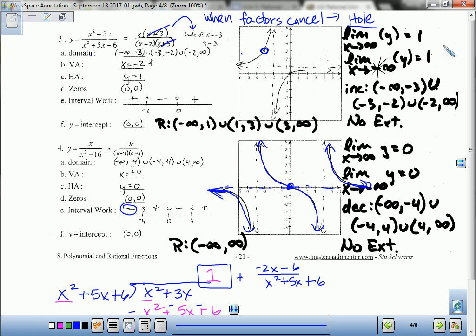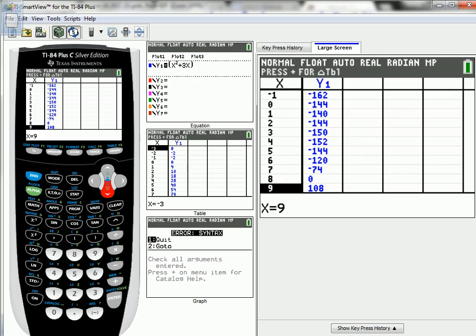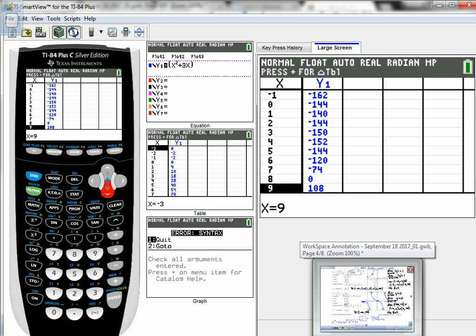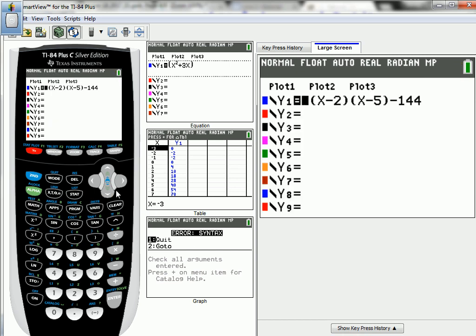Okay, go ahead and answer, guys. Error. Graph.